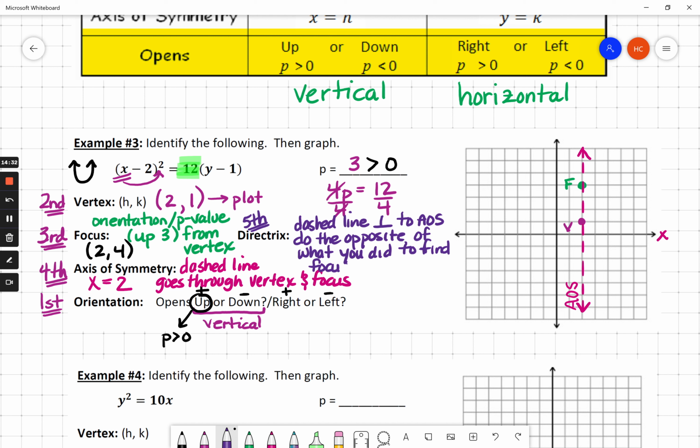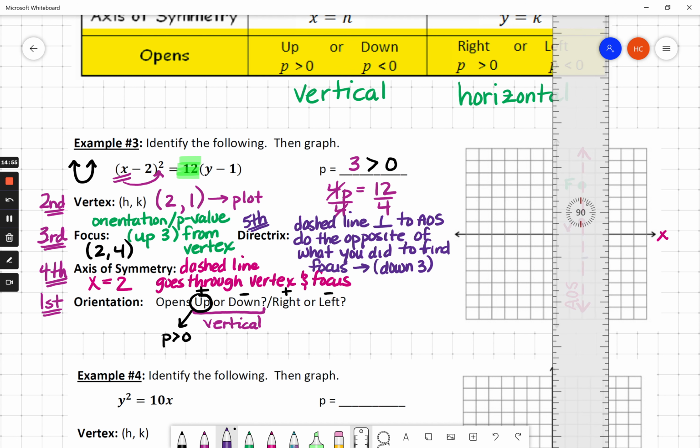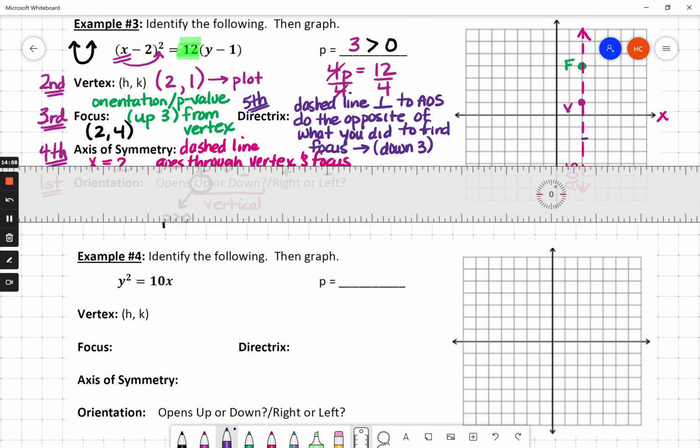So in our case, we did up 3 to find the focus, so we are going to go down 3. And if I go down 3 from my vertex, 1, 2, 3, another P distance, I am going to draw a perpendicular line to my axis of symmetry.